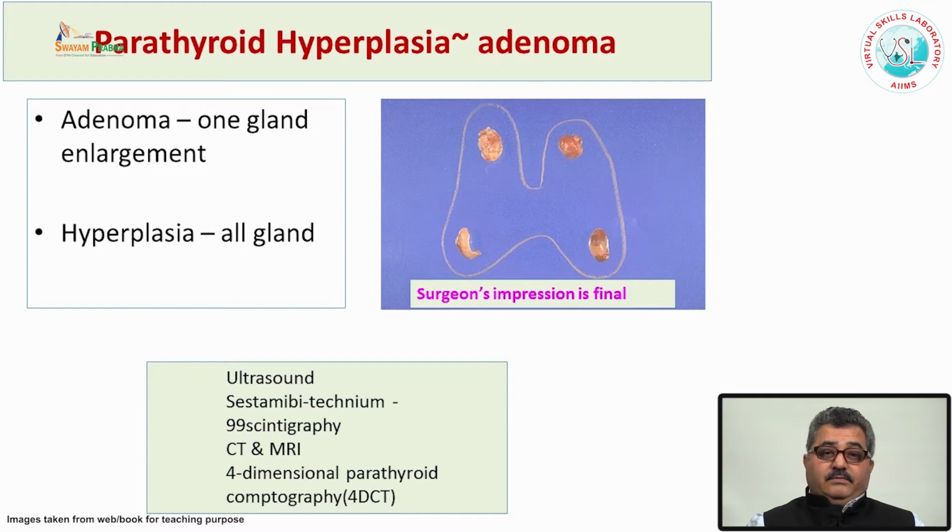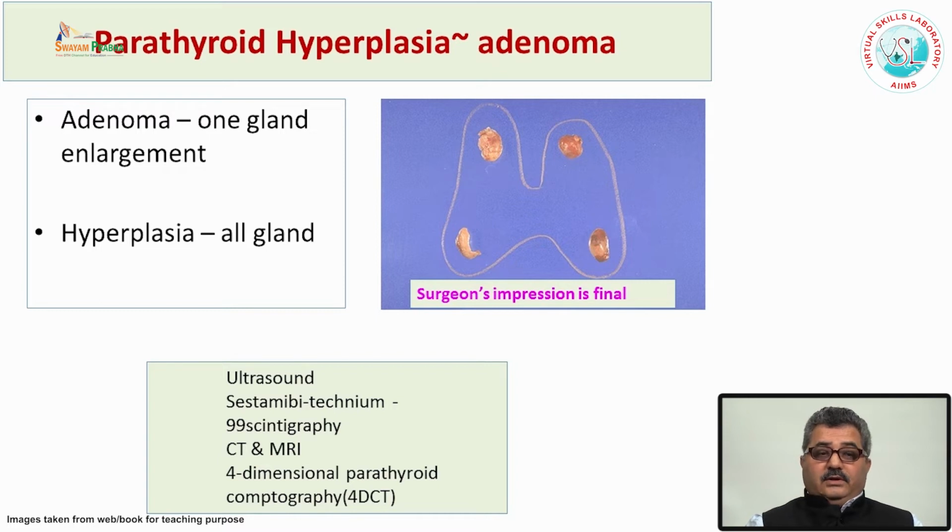Most of the surgeons previously used to take biopsy from the other glands also, besides the enlarged gland. During surgery, they used to send a frozen section, which may reveal hyperplasia of the other glands. If they are normal, or the surgeon feels that the other glands are normal and only one is enlarged, that is the most important point to differentiate between hyperplasia and adenoma.